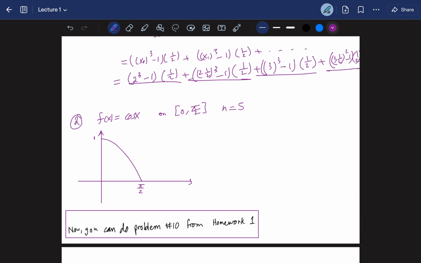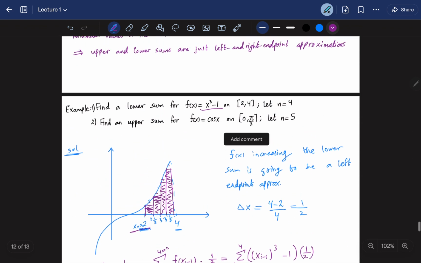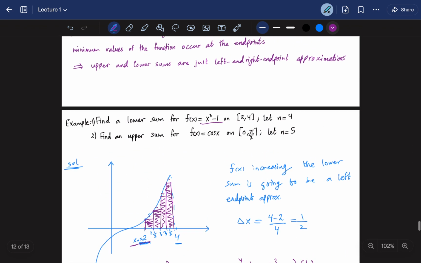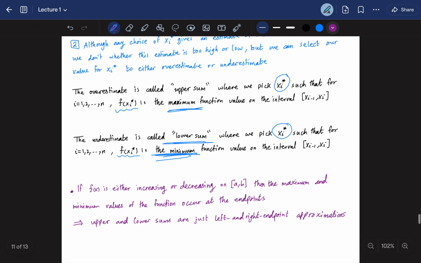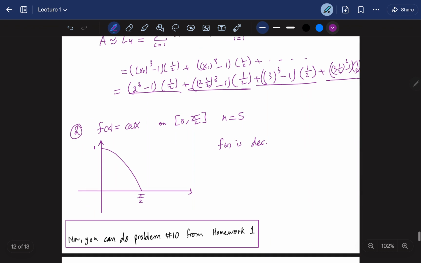Okay, so here, as you can notice, my function is decreasing. Now, since it's decreasing and I want to find an upper sum, an overestimation using the maximum of my function, if you look at the graph here, my maximum is at this point, which is my x of 0, which is 0.